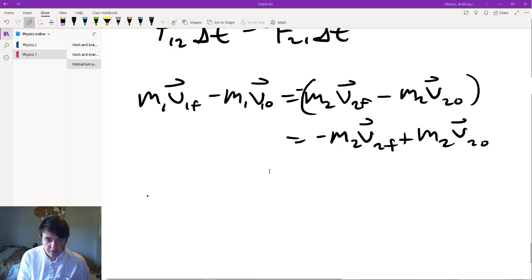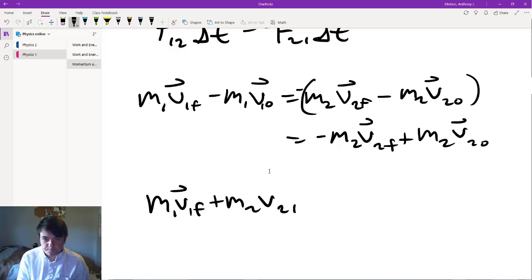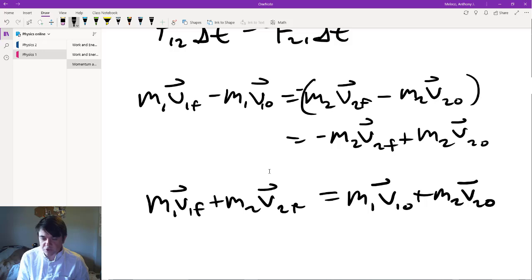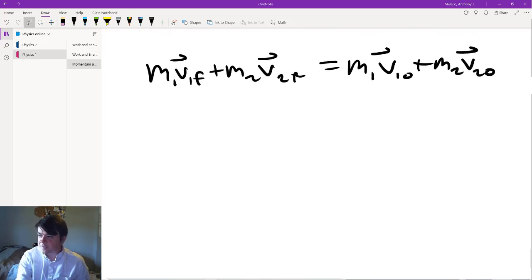We have the positive m1 v1 final, and this m2 v2 final I can add over. This one I can add to the other side, and we get m1 v1 initial plus m2 v2 initial. So we've got our finals and our initials on their respective sides.